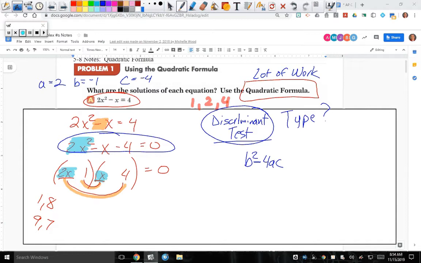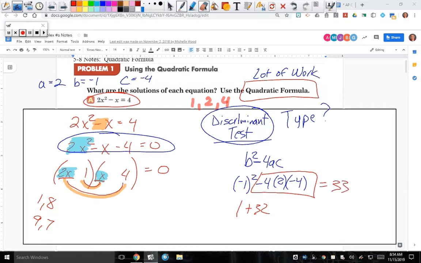B squared minus 4ac. What number would I get? What is this first part? What's negative 1 squared? 1. What is all this equal? 32, right? A positive 32. So this gives me 33.